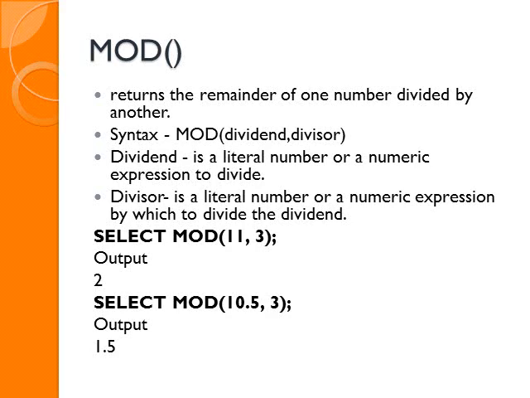If we divide 11 by 3, we get 2 as the remainder, so the output is 2. Take one more example. SELECT MOD(10.5, 3). 3 threes are 9, so it is giving 1.5 as the remainder.